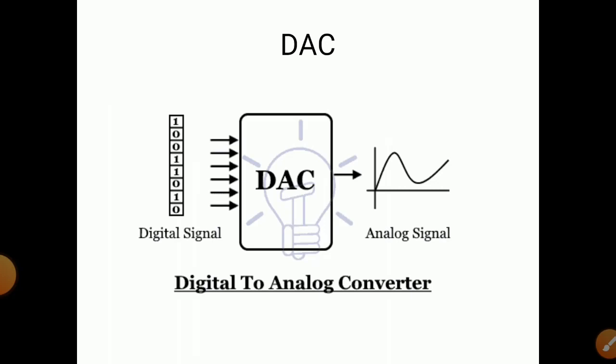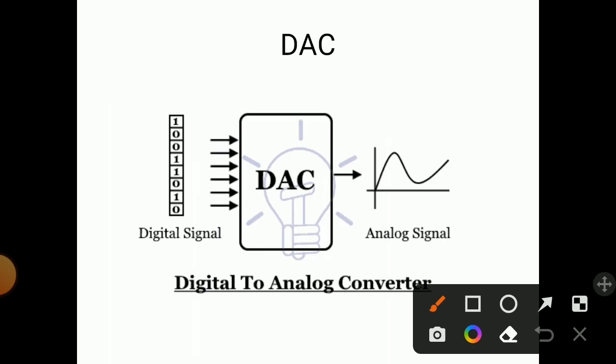So what is a DAC? DAC, the full form is digital to analog converter. This converter converts a digital signal into an analog signal. A digital signal is in the form of 0 and 1, which is called a binary number. In this case you can see this digital number 100111010.